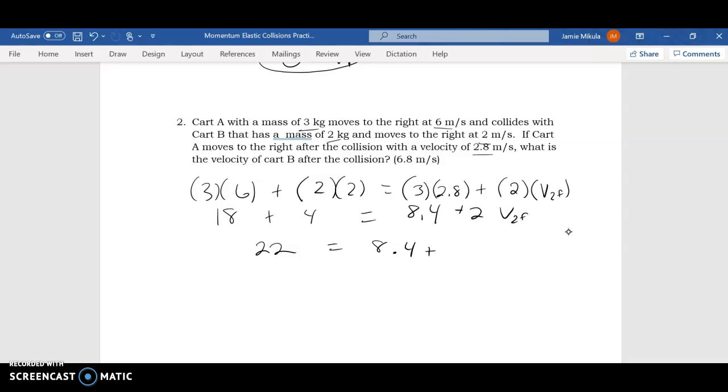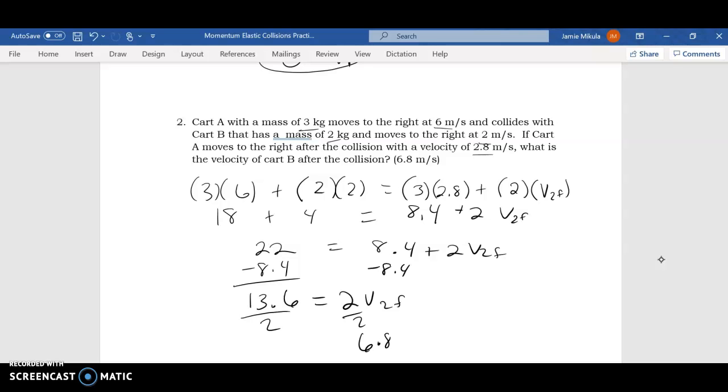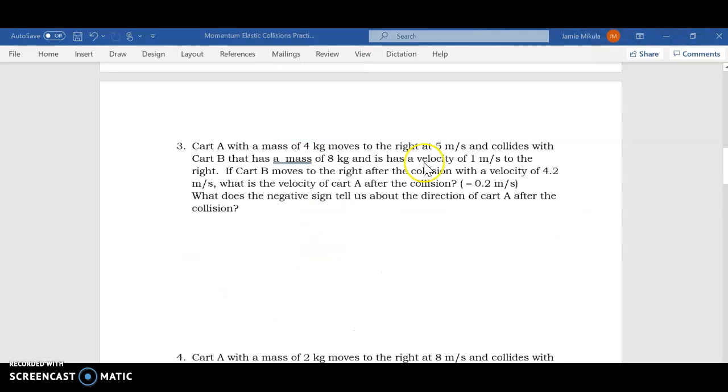I'll just bring this down and subtract 8.4, and you get 13.6 equals 2 V2F, and then you divide by 2 on both sides to get 6.8 meters per second. Okay. All right, number 3, same type of collision.